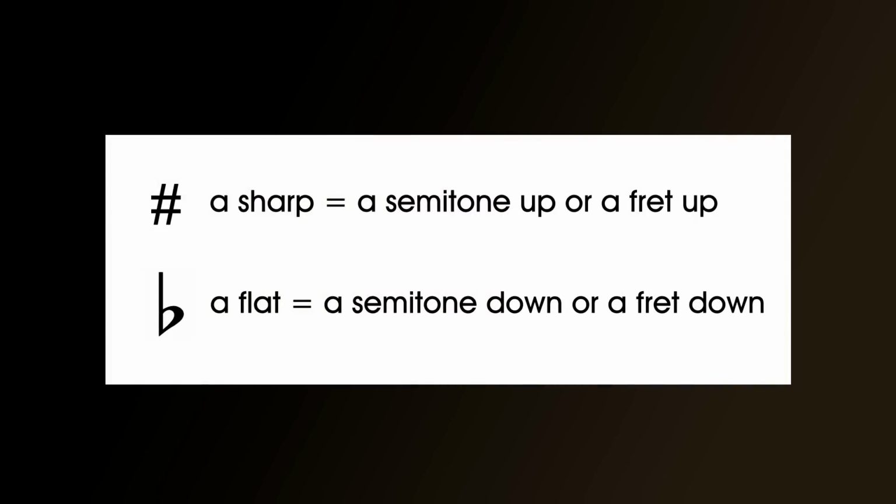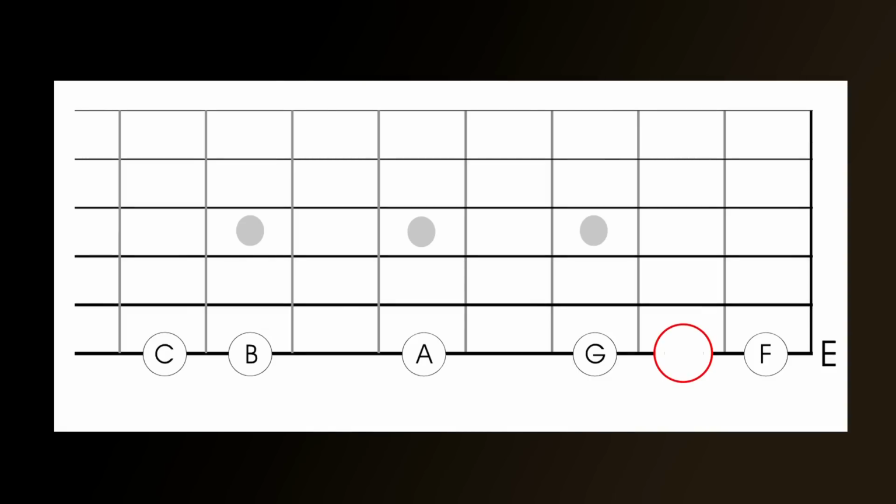Sharps and flats then are quite easy to understand, but there are 1 or 2 small issues that do cause problems. For example, overlapping notes. So, to illustrate this, we'll take the 2nd fret, which is the F sharp, but also the same note is G flat.